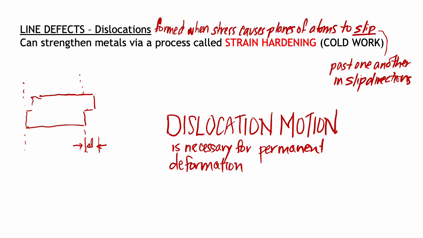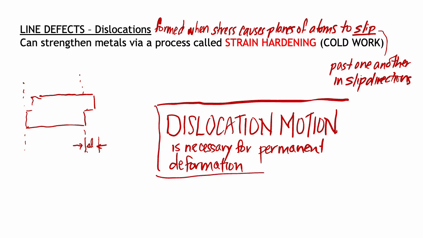So I have this defect, it's called a dislocation, and dislocations strengthen through a process called strain hardening. Strain hardening increases the number of dislocations. Separate from that, or alongside that, is this truth here that deformation, permanent deformation, occurs when dislocations move.